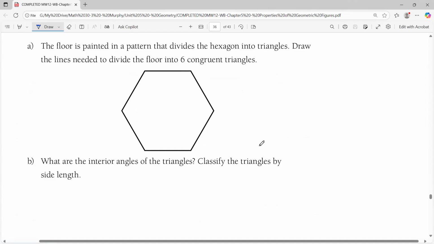So the easiest way to do this is to draw from corner to corner. And this is similar to our triangle around a common point that we did in example 4.